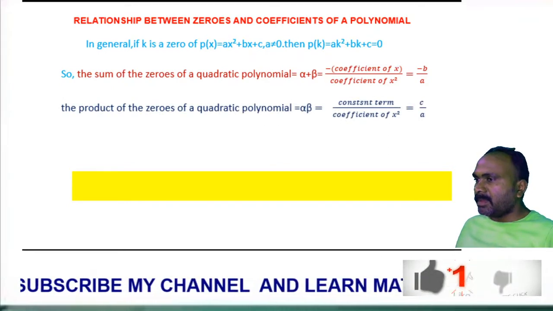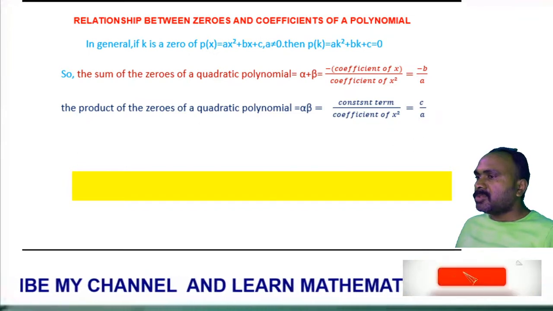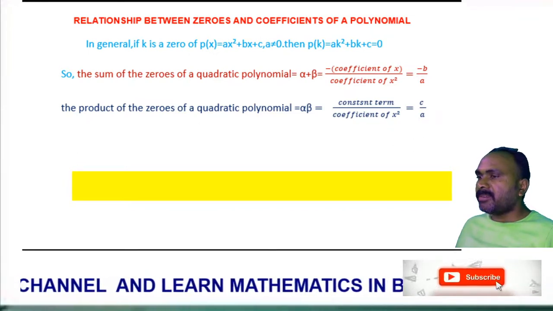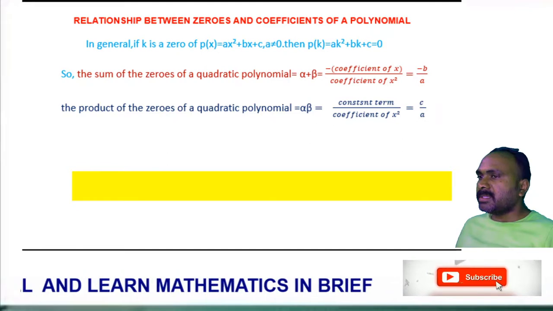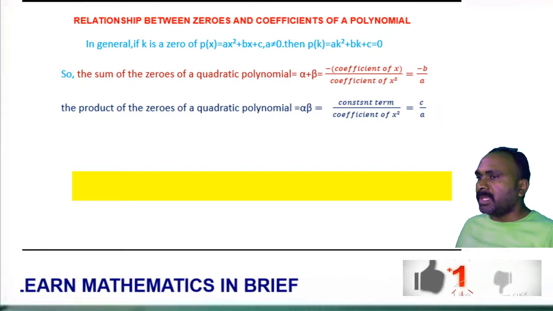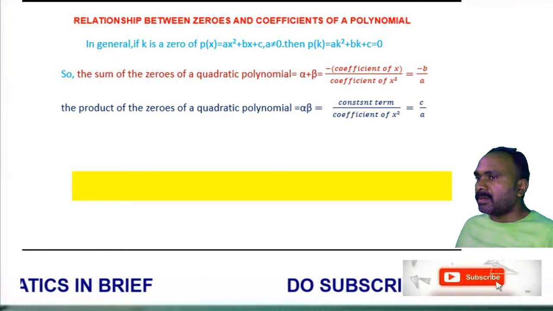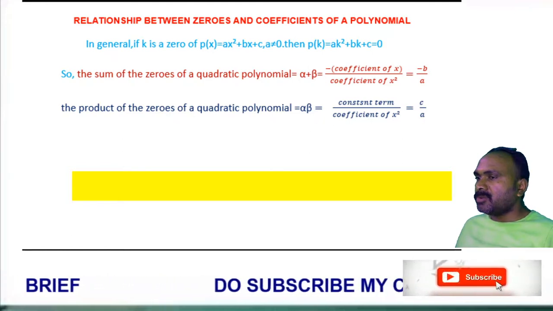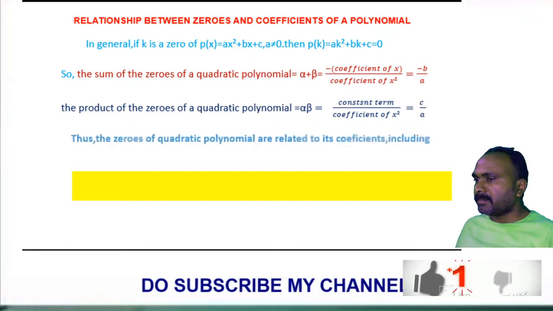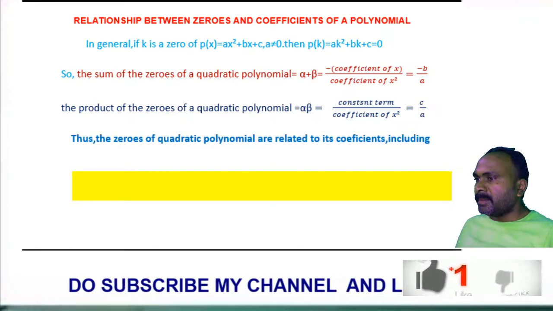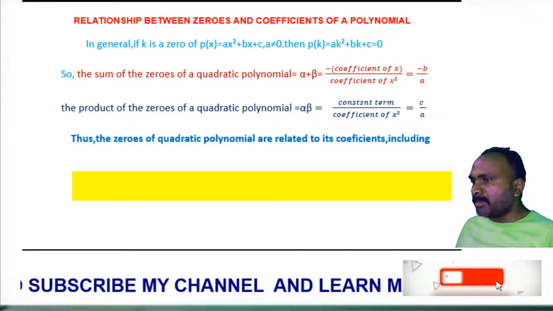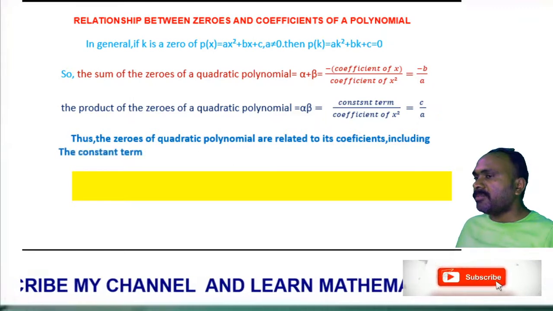Next, the product of zeros of a quadratic polynomial, alpha beta, equals the constant term by the coefficient of x square, which is c by a. Thus, the zeros of a quadratic polynomial are related to its coefficients, including the constant term.